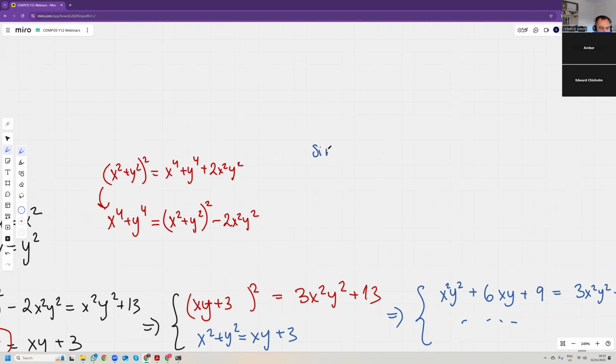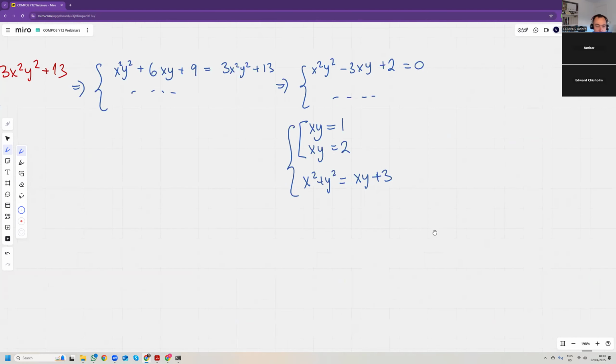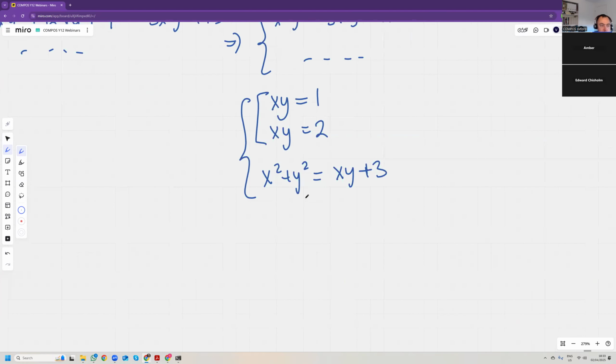Similarly, x squared plus y squared can be written as (x plus y) squared minus 2xy. So I'm going to write that down here.